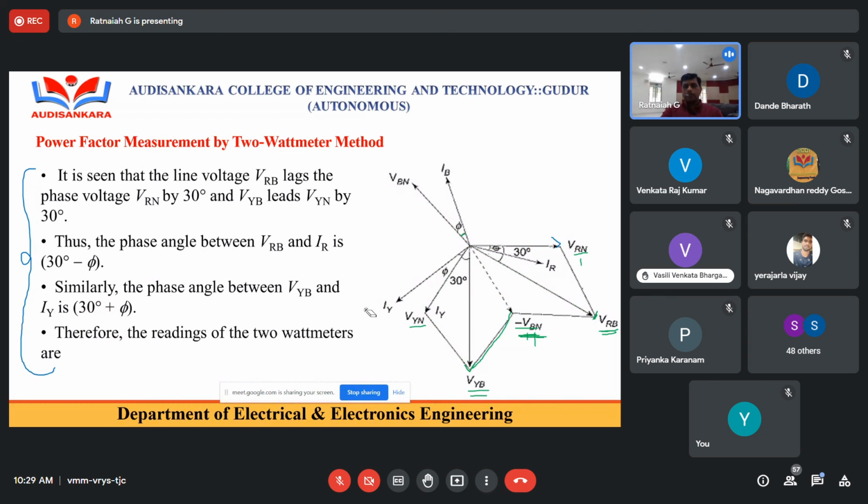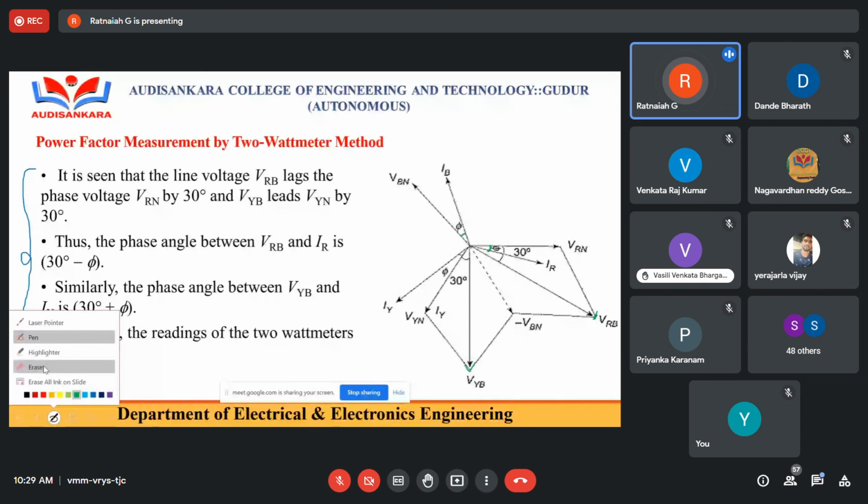So after marking all the values in the diagram, let us see this. This is the angle between VRN and IR, that is nothing but phi.